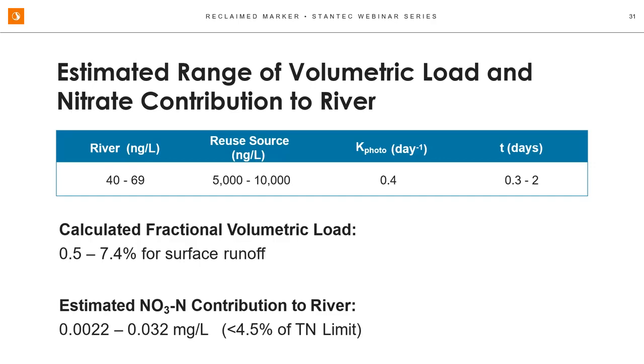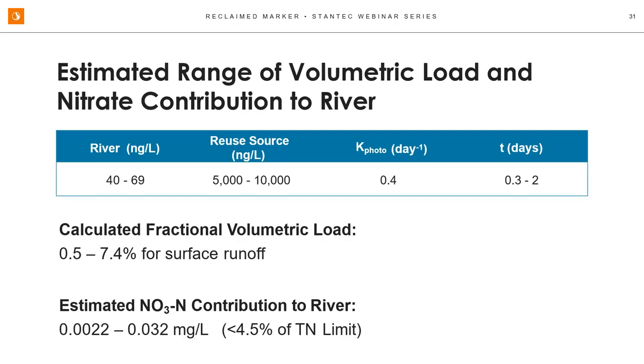This would capture any exposure during storage or if there was an overwatering situation on the golf courses. And if it was reaching the river through overland flow, it was just meant to capture that exposure. We pretty much in this study did not focus on what would be the soil infiltration input to the river.